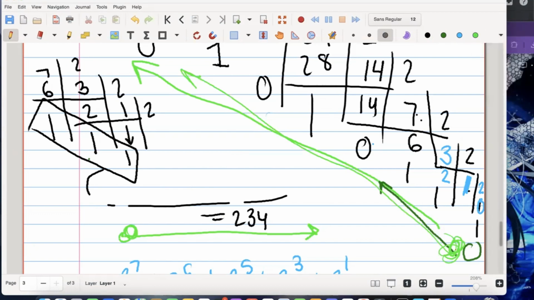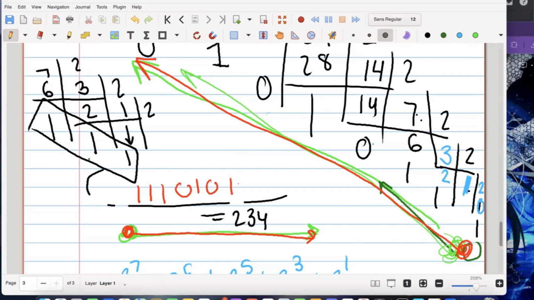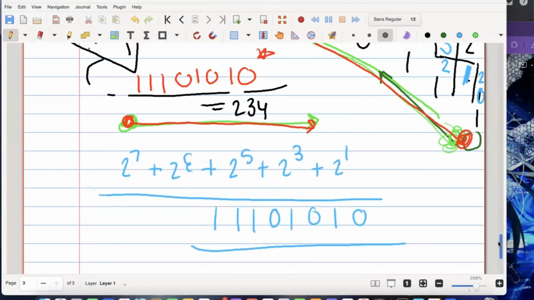So you're starting from here going all the way up. And then on your actual answer sheet, you're going this way. So we have 1, 1, 1, 0, 1, 0, 1, 0. This 0 matters. The 0 on this end really matters, okay? Like if you have an extra 0, you have to add that extra 0 to that end. Okay, perfect. And is that what we got down here?